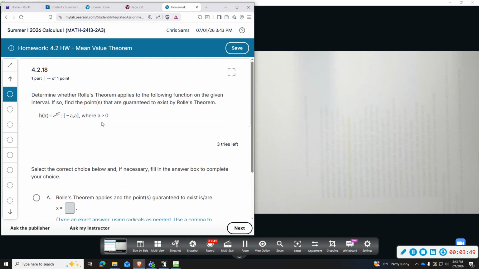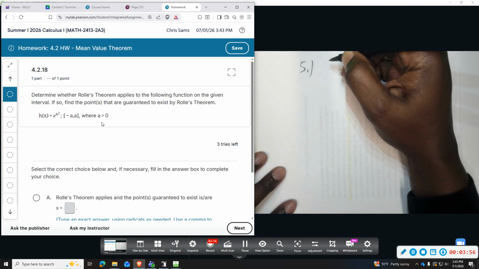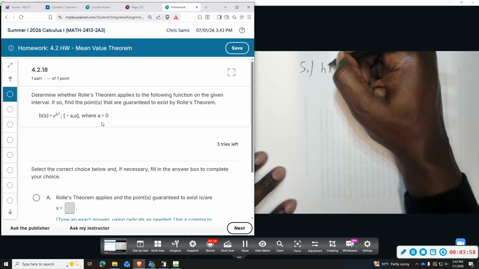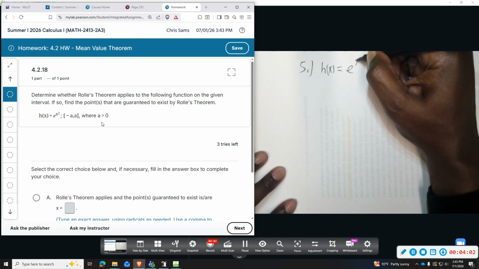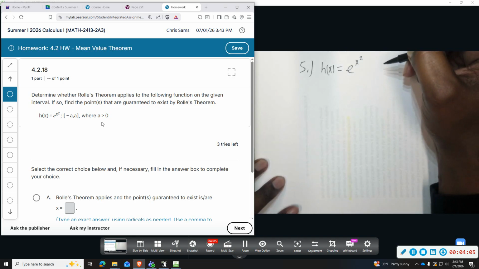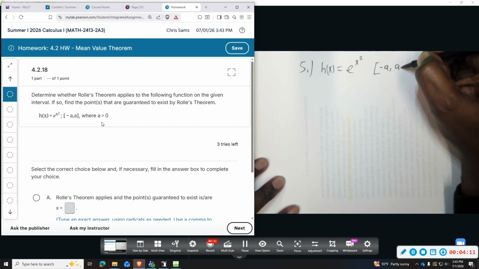And we're going to work from there and find the derivative and set it equal to 0. So I'm going to start with h of x is equal to e to the x squared. And we are on the interval -a to a, where a could be anything.